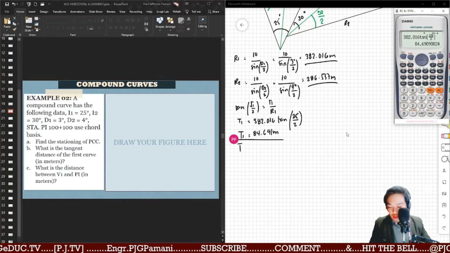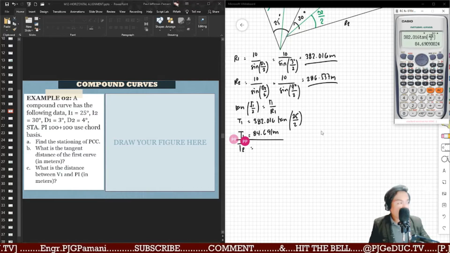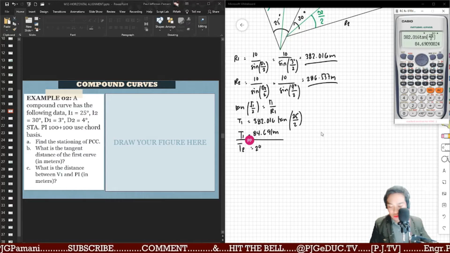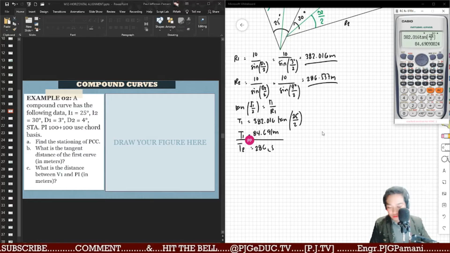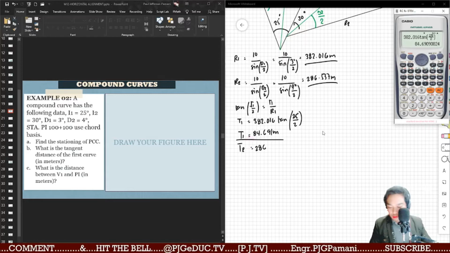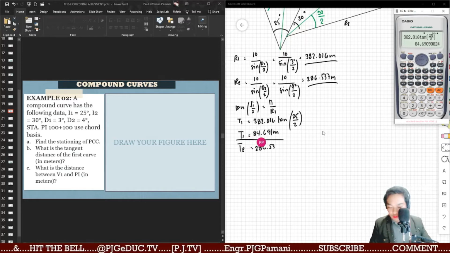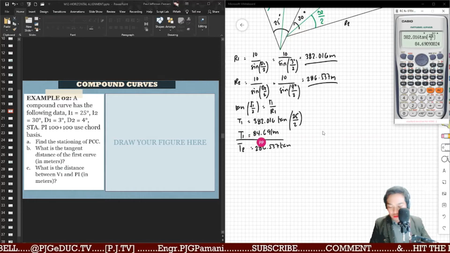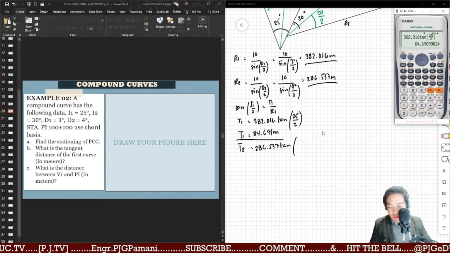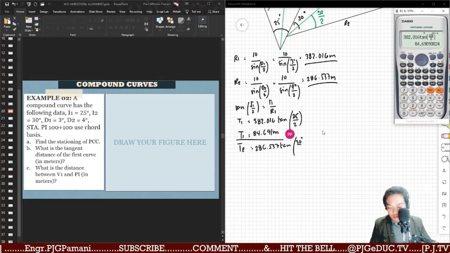T2, same again. T2 is basically the radius of the second curve, 286.537, times tangent of the second central angle, 30 degrees over 2.